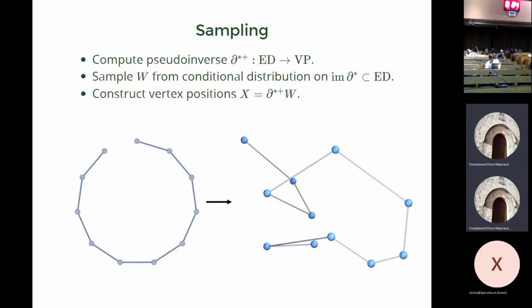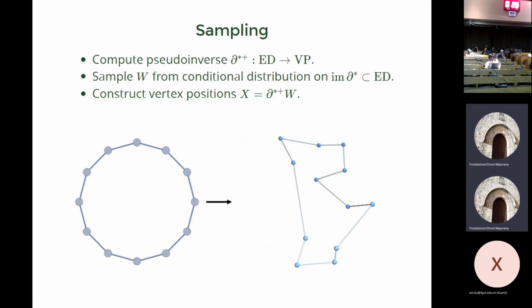That's easy. And then you just need to hit them with this linear map, and that gives you the vertex positions. For example, for this path graph, here's a random embedding of the path graph into R3. Like I said, this is a one-time cost, and then everything else is very simple: Gaussians and linear maps.